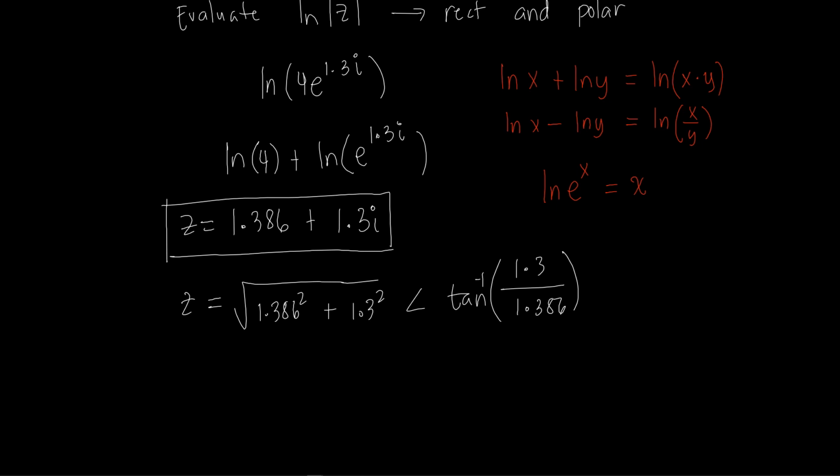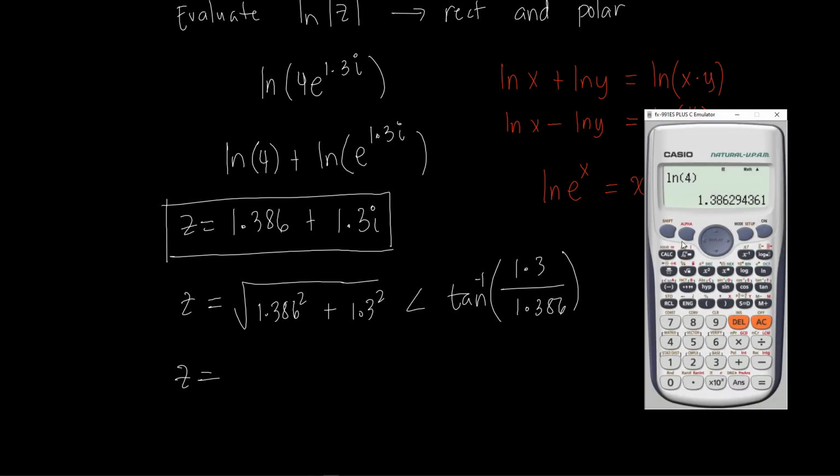Since naa siya sa quadrant 1, kay positive, positive, delete na lang ang dugang sa angle. So, square root of 1.386 squared plus 1. Oops, murag mali.